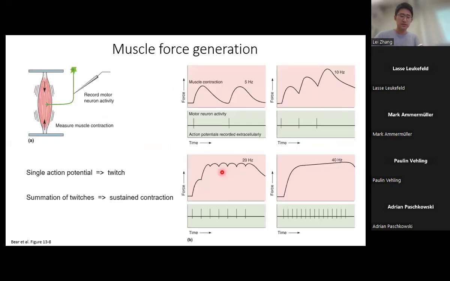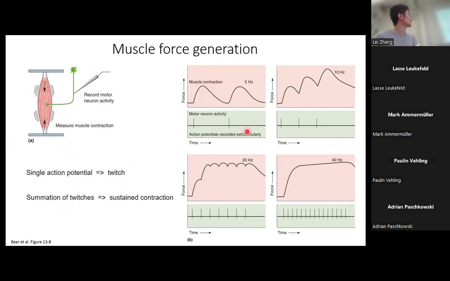Let's see what the force production in the muscle looks like. Here we can record the neural activity of a muscle. When you give a small input to the muscle, for example a single action potential, what you see in the muscle response is a twitch, like a peak in the force that the muscle produces.